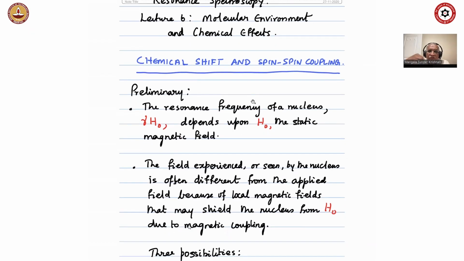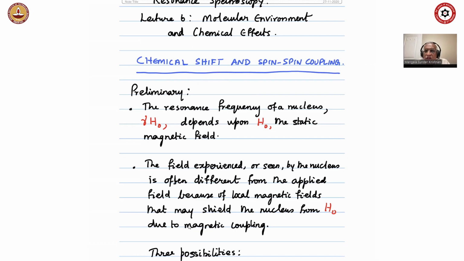The reason for that is the Larmor frequency. Last time I explained to you that the Larmor frequency is proportional to the applied static magnetic field, and also it is a property of the nuclear gyromagnetic ratio. And gamma H naught is the Larmor frequency, assuming that the nucleus sees the entire H naught, the magnetic field which is externally applied. But the nucleus does not, because it is surrounded by electrons.